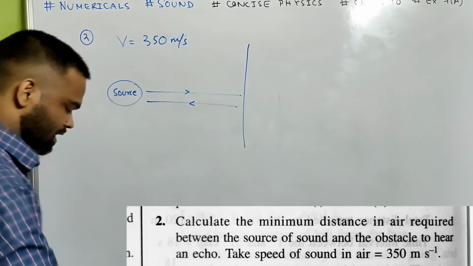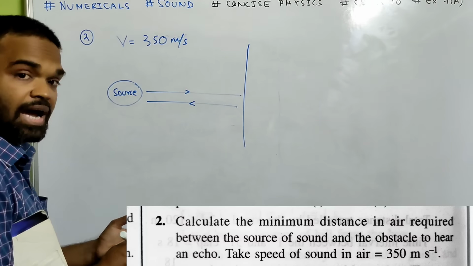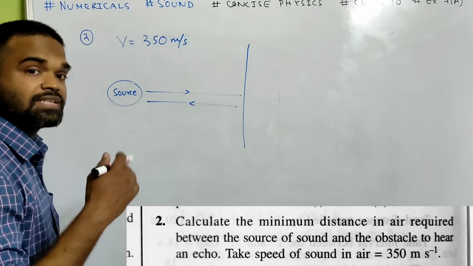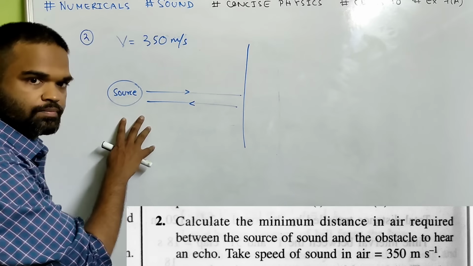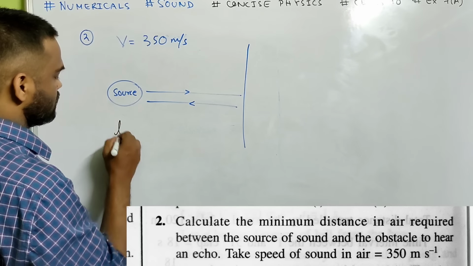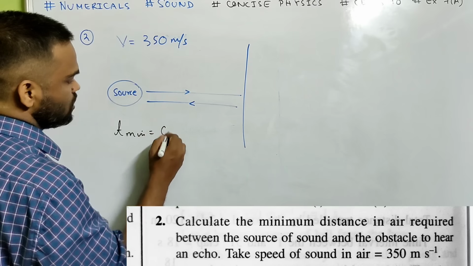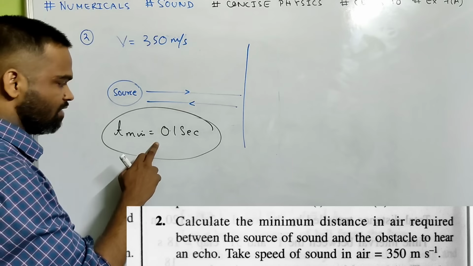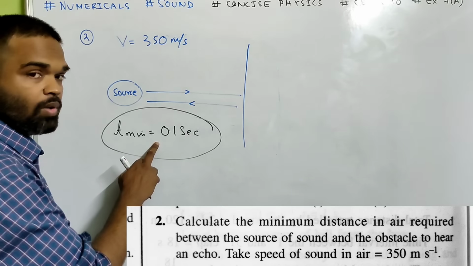So we know one thing, that the minimum time after which the reflected sound should reach the source after the original sound is heard is 0.1 second. We know this fact. So we have minimum time required.